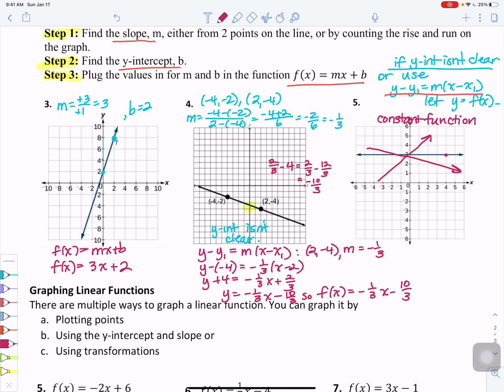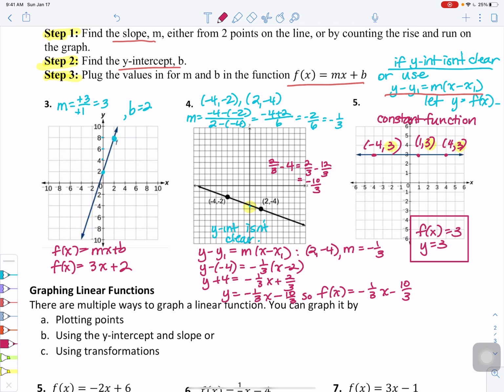But something else I want to note: if you just wrote a few coordinates down, let's pick a few randomly. This is 4, 3. This is 1, 3. And this is negative 4, 3. So what do you notice? Y is always 3. And actually, that's the equation of this line: f of x equals 3.